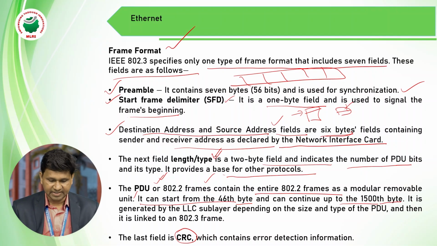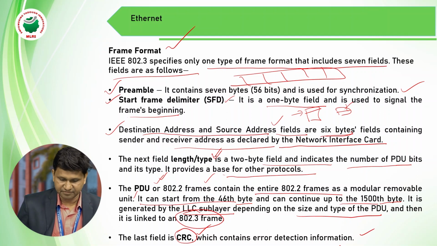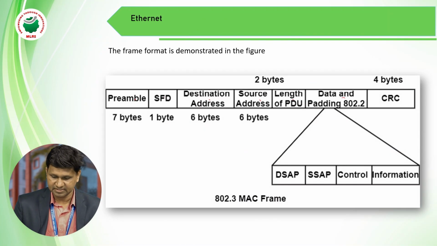It is generated by the LLC sublayers depending on the size and type of the PDU, and then it is linked to an 802 frame. The last field is CRC, which contains error detection information. So this is the frame format. We'll see it with a graphical representation.